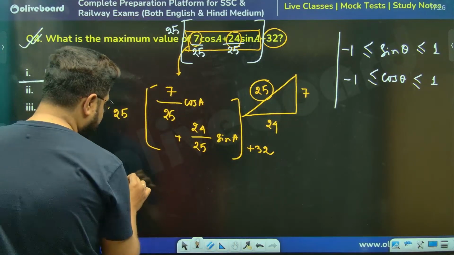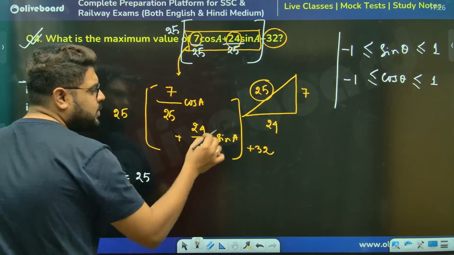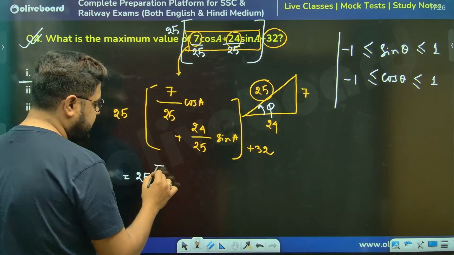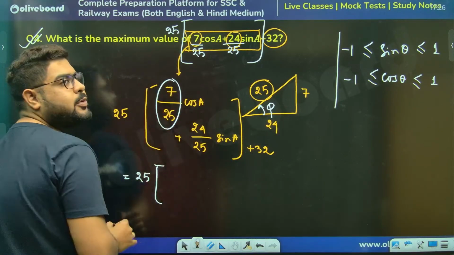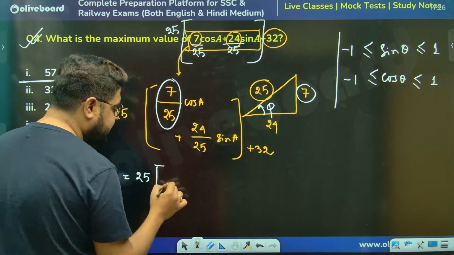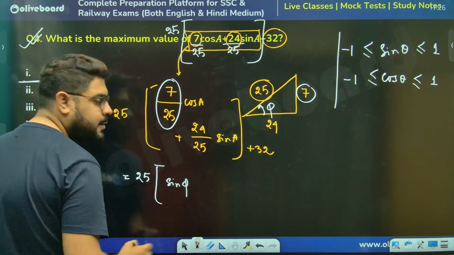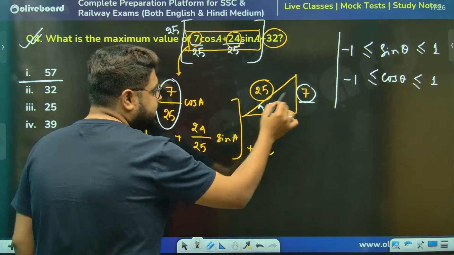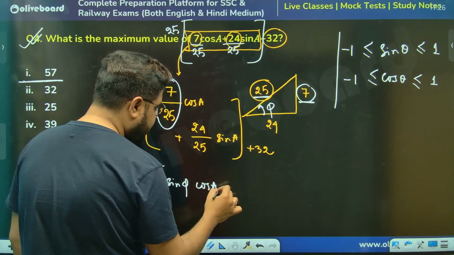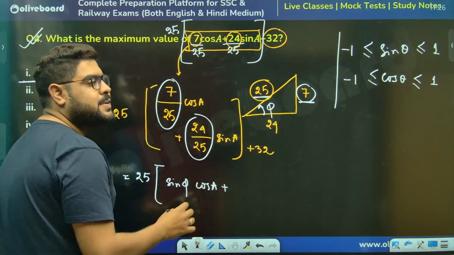Sir, remember, I'm saying this angle is phi, just for our understanding. So 7 by 25 will be what, sir? Can I say this looks like sine phi, altitude by hypotenuse, into cos A. 24 by 25 is what, sir?